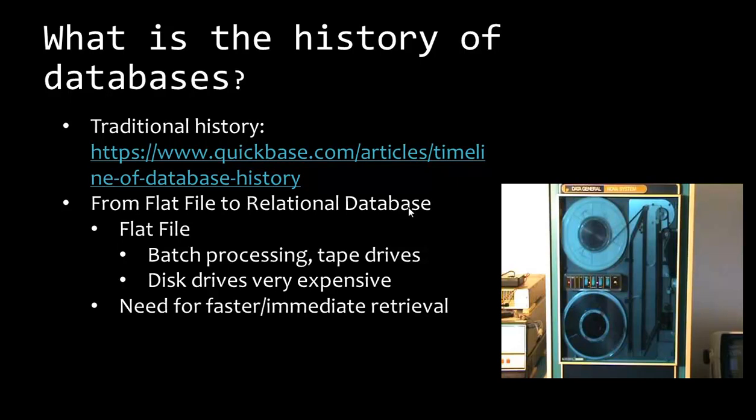So there was this huge need for faster and immediate retrieval. People always wanted to get information as quickly as they possibly could. So disk drives got smaller, hardware got cheaper again, and it just kept going on. As years progressed, that's what we really saw in the progression of computers: things got smaller and faster and cheaper.